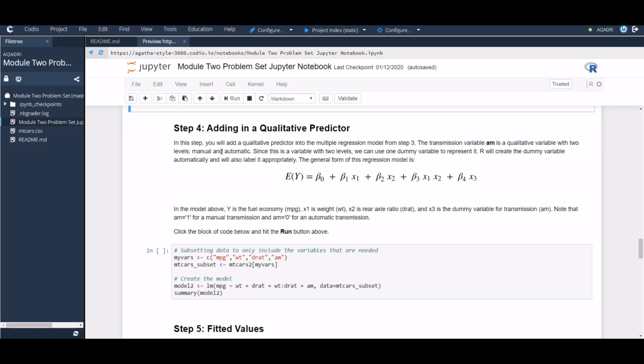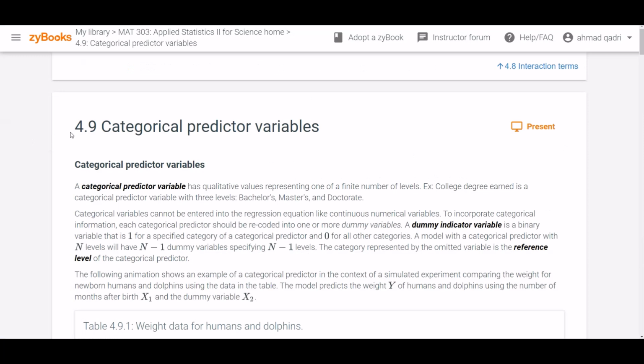And for this part, I think it's a good idea to first go into Zybook, section 4.9, and understand the process of using a qualitative predictor in a multiple regression model. Section 4.9 in Zybook covers categorical predictor variables. These are variables that have qualitative values, and our task is to somehow use them in multiple regression models.